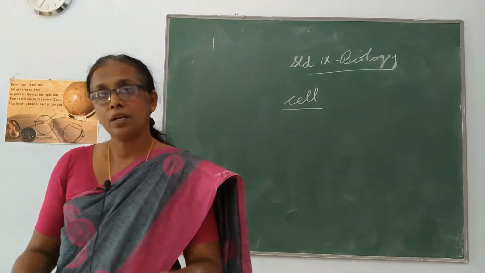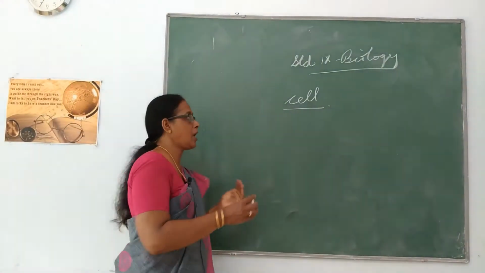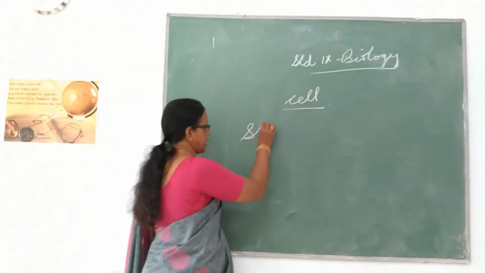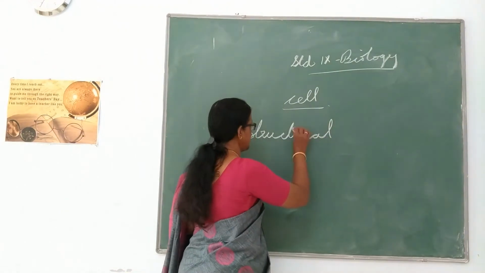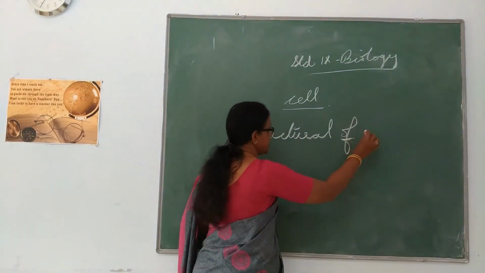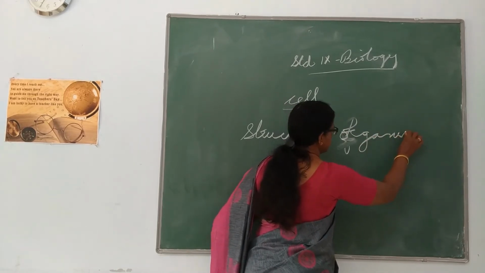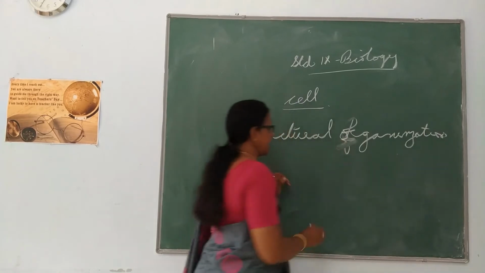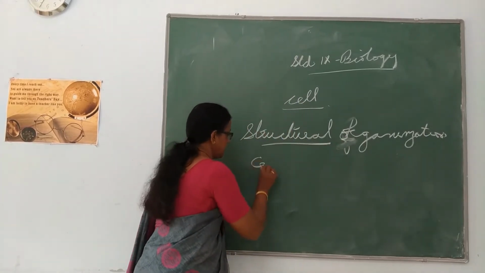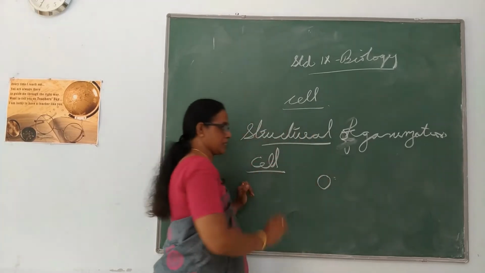Then, what is a cell made up of? What is the structural organization of the cell? Can anyone say the structural organization? See, the cell is made up of, in the central part, as all of you know, the nucleus.